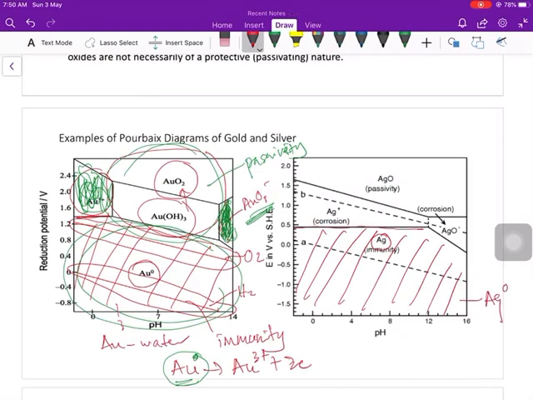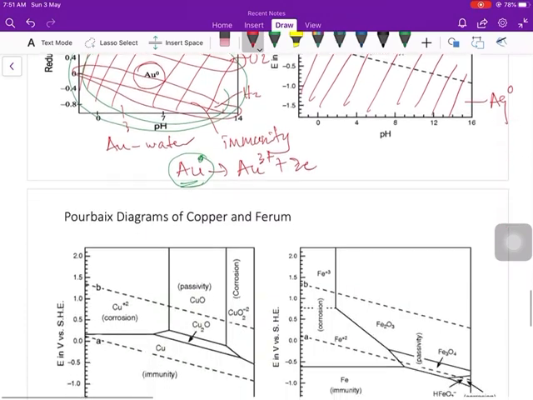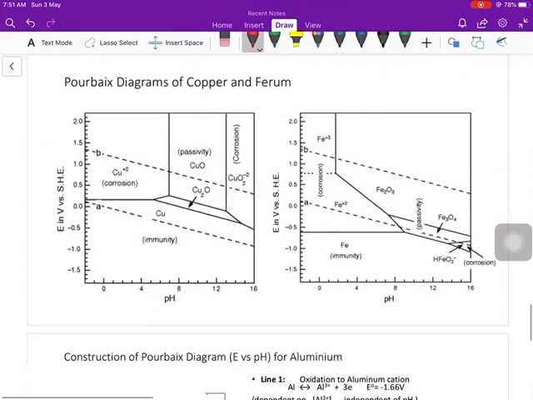It remains as silver metal, but when it crosses this value, it will oxidize to Ag+, and this becomes oxide. This is corrosion also, but in the anion form. This is cation, this is the anion form. So it will corrode under oxygen in acidic, but it will not corrode in the hydrogen reaction.